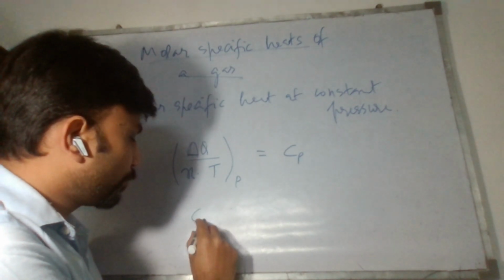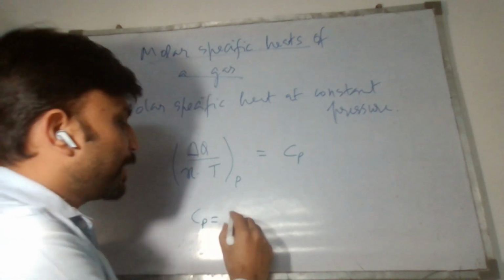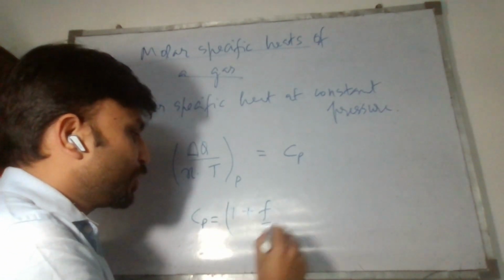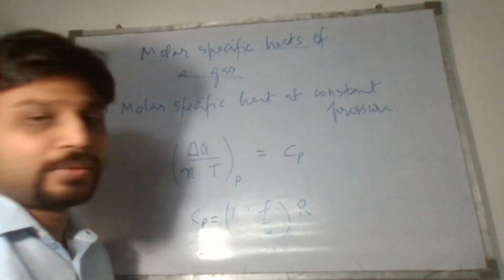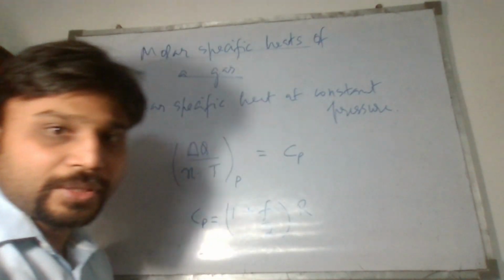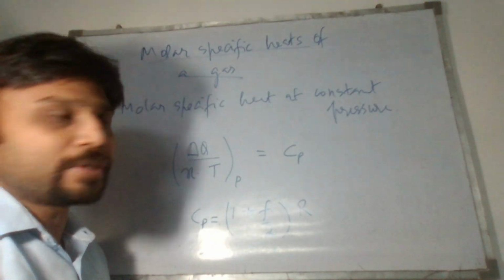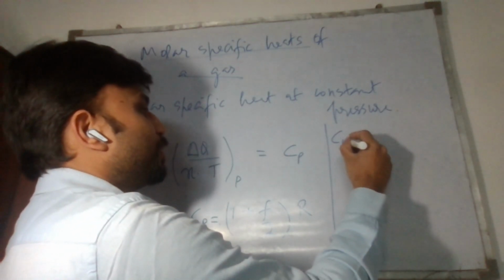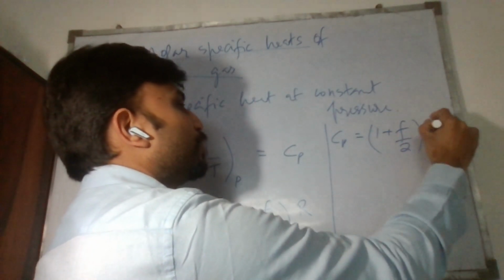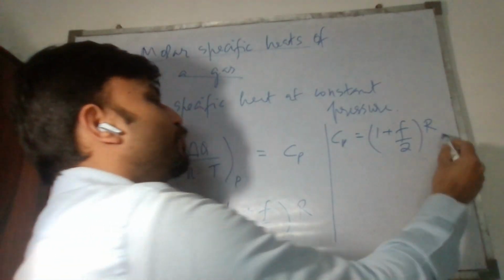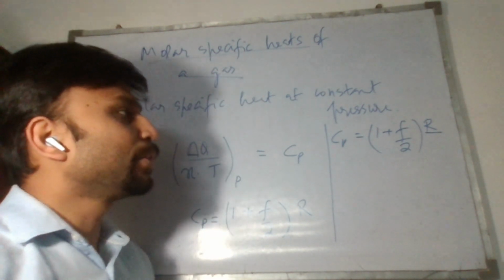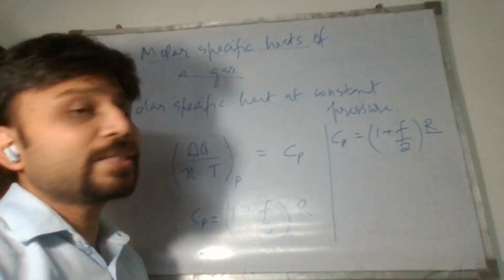Its value for our purpose is 1 plus F by 2 into the universal gas constant. This might not be visible because of the brightness, so I'll write this again. So Cp is equal to 1 plus F by 2 into the universal gas constant. We know what the universal gas constant is. What we want to know is what F is.